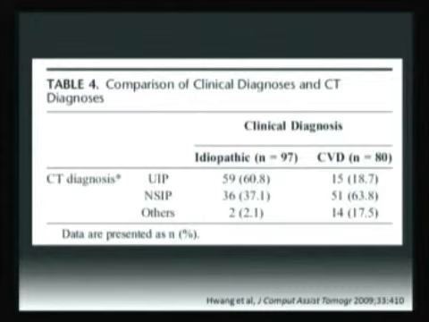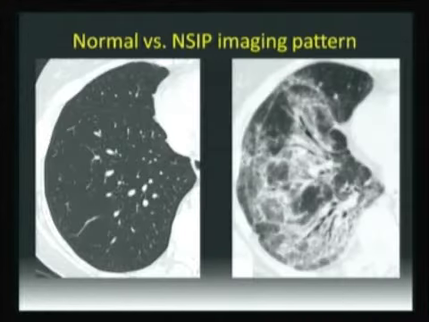There are more NSIP in the connective tissue disease, but this again is a clinical diagnosis. When your radiologist tells you maybe it looks like an NSIP, which is a long jump, always be suspicious about an underlying connective tissue disease.